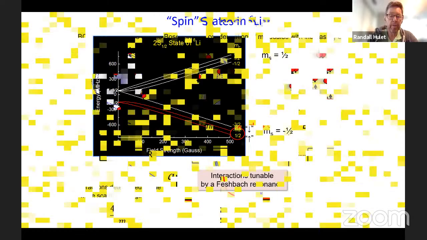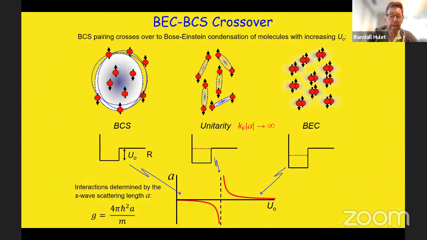So I want to review that just a little bit. Imagine that you have a way of adjusting the interactions between particles. So you have some kind of a square well interaction between two atoms, and it has some depth U naught. There's no bound states, or let's assume it's shallow for a moment.